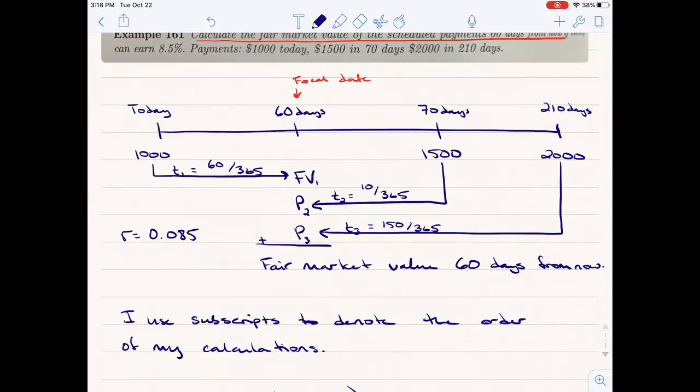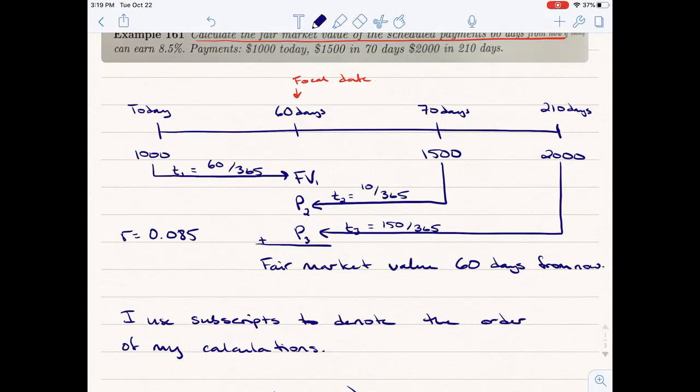Here, what's happening is I said I would pay you back in 10 days from now, right? But how about I just pay it all back, well, 10 and 150 days from now? I know I owed you some money from 60 days ago, right? If we're talking from the focal date, then I owed you some money that I didn't pay you, so I have to pay interest on that.